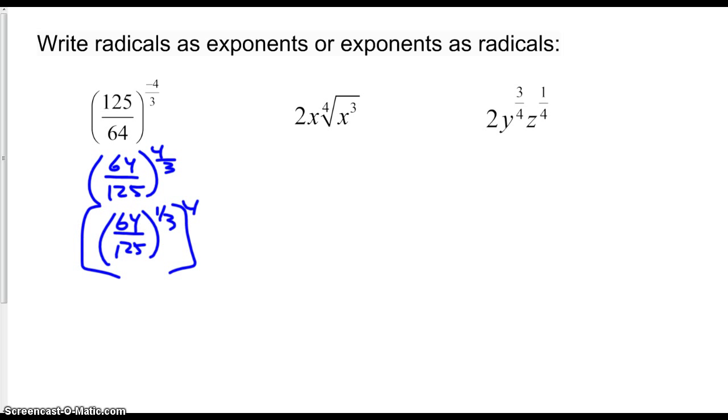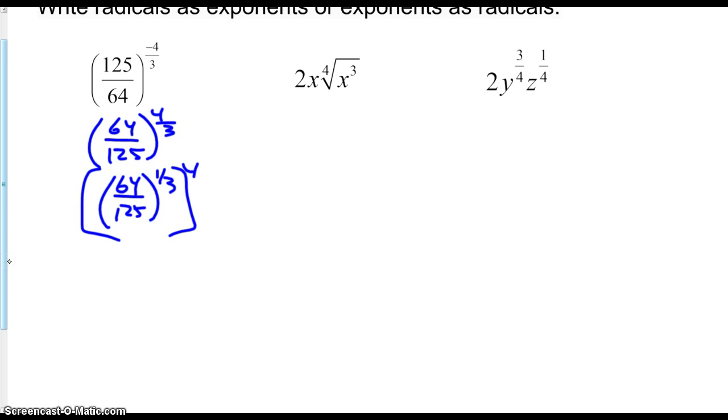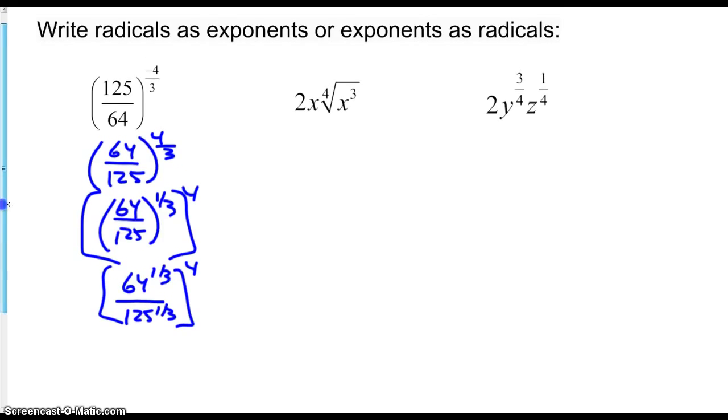So I have 1/3 times 4. So I can write this as 64 to the 1/3 over 125 to the 1/3, and all of that to the 4th power.